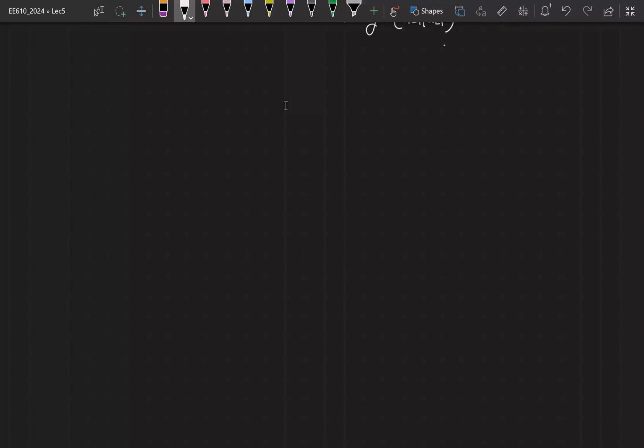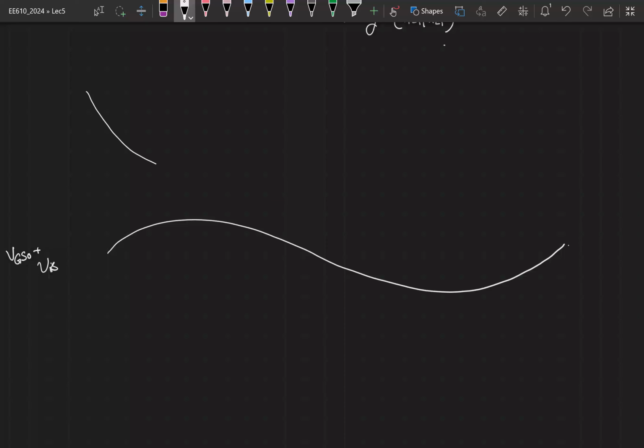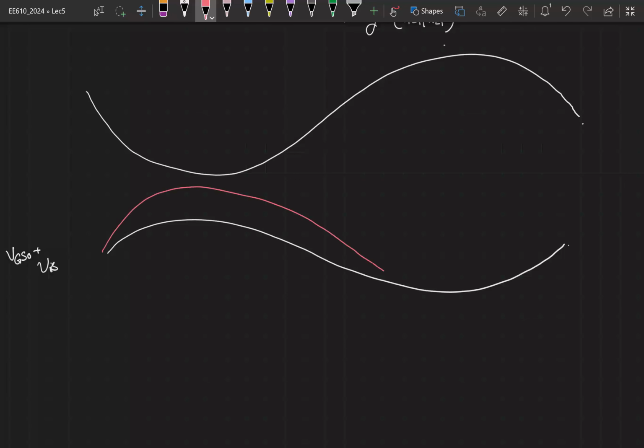So if I had input, again around a bias voltage, so let's say VGS0 plus your VS, like this, what do I expect to see at the output? I expect to see an amplified signal, right? Now I give a larger input.